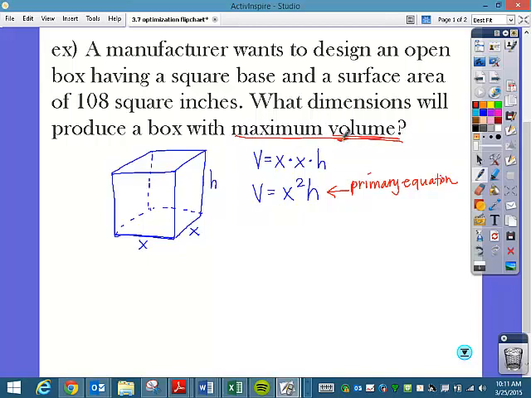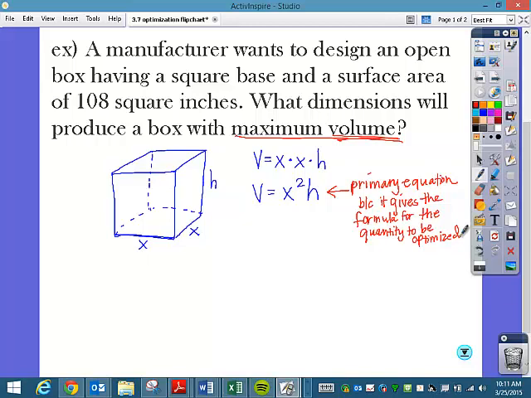So volume is our primary equation, because it gives us the formula for the quantity to be optimized. So whatever you're trying to maximize or minimize, that is your primary equation. So in this instance, it's volume.